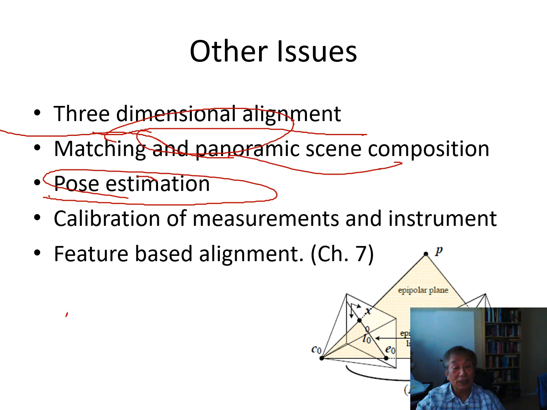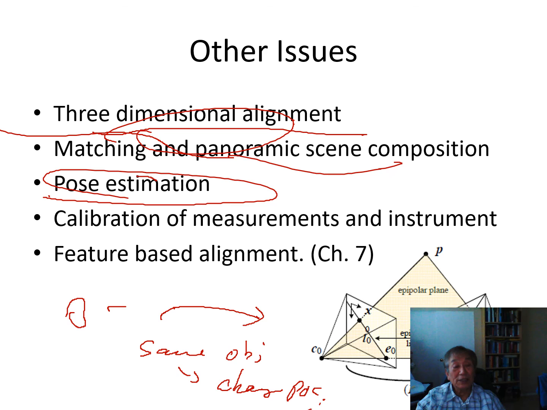And then there is the issue of pose estimation. In other words, certain moving objects like a car, human, or animal are changing. It is the same person or same object, but the position changes, so how would you detect that?